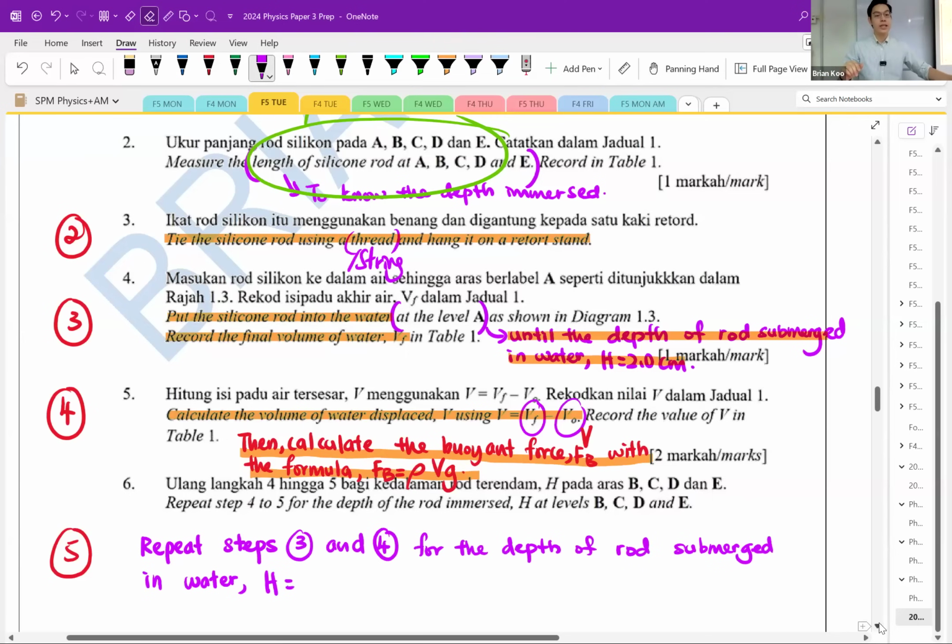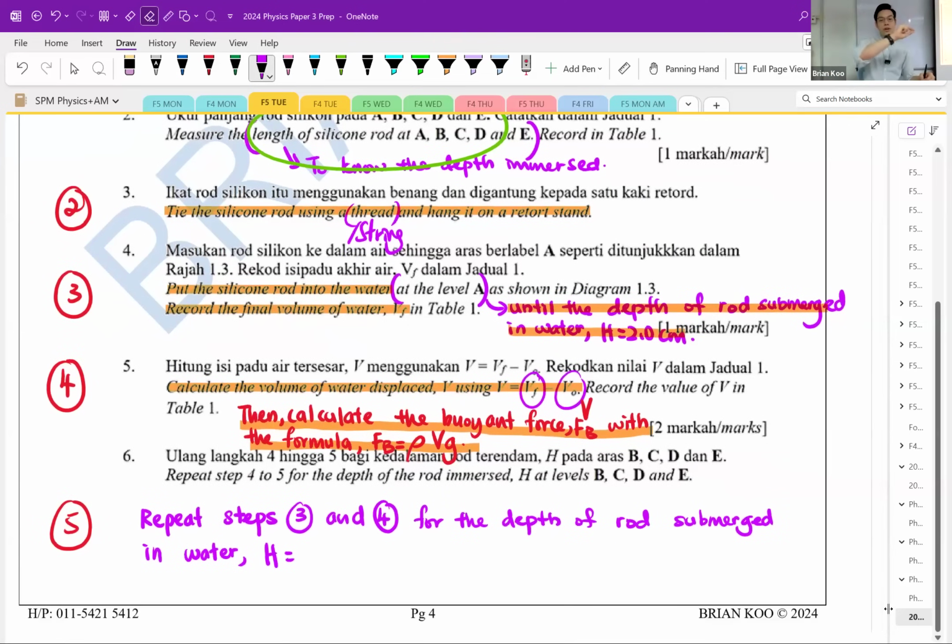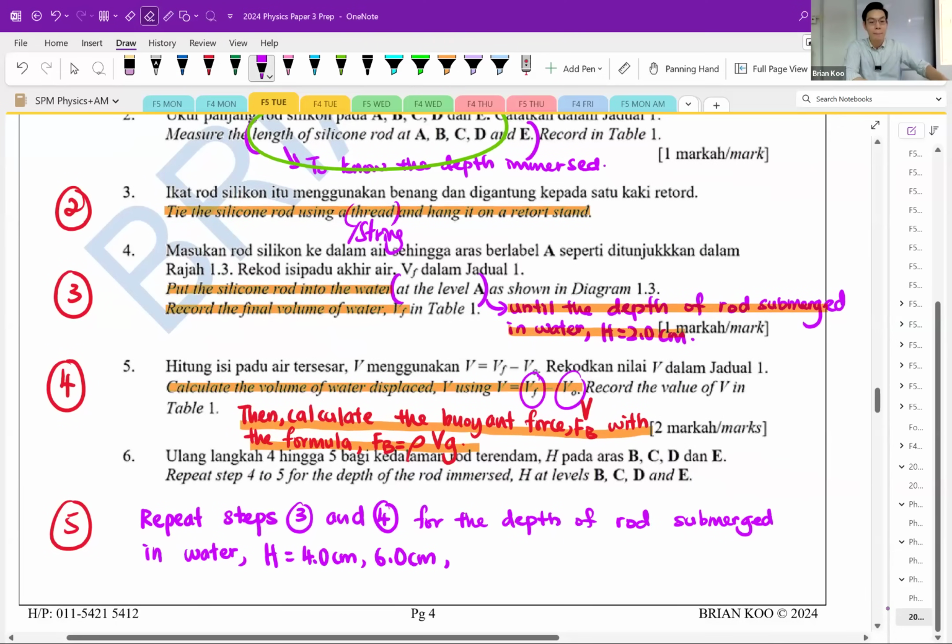Okay, you write it like this. I'll write depth of rod submerged in water, H, and then I write the values 4.0, 6.0, all these are examples only. It can be 1, 2, 3, 4, 5 cm, or 5, 10, 15, 20, 25 cm, or 2, 4, 6, 8, 10 cm.